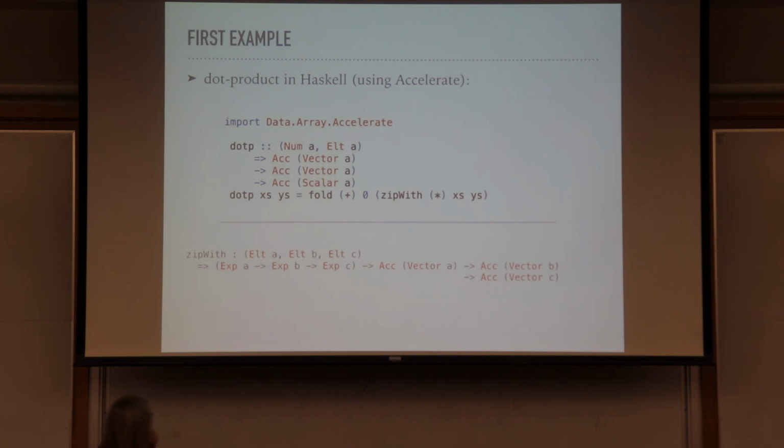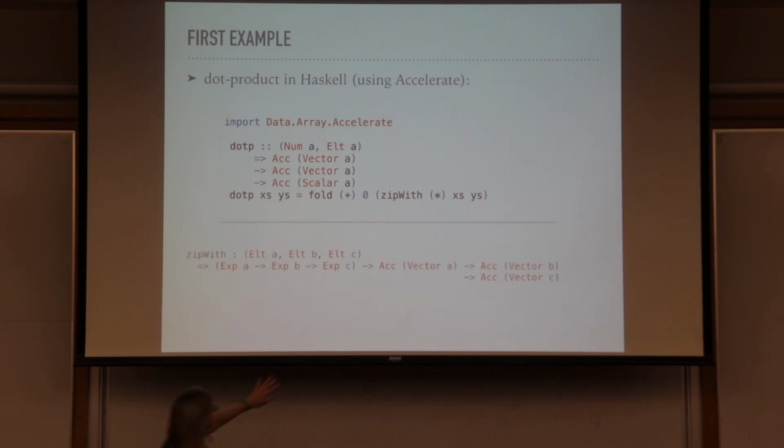And now look at the type of zipWith. So zipWith has something which looks very similar to the expression, just one less. So this, again, is an expression tree, but it expresses a non-parallel computation.